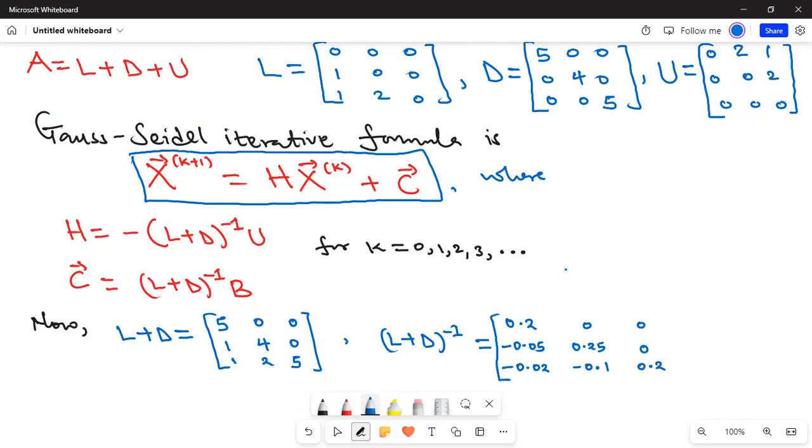That's the inverse. What else do we need? We have U and we have B. So let's now compute H and C.